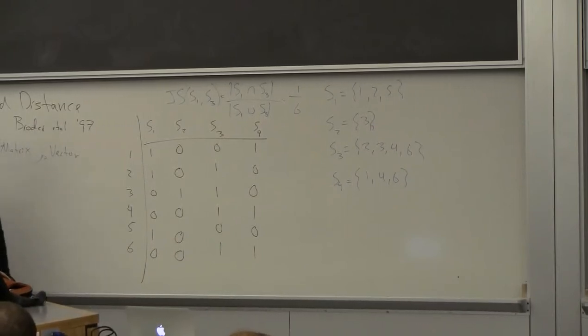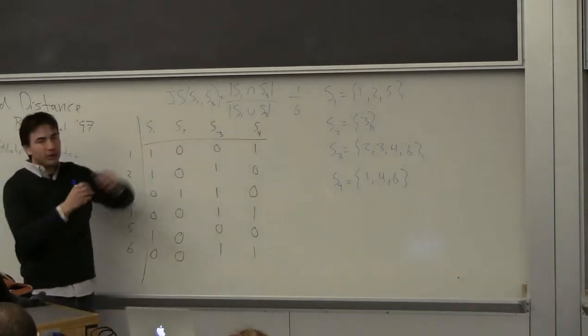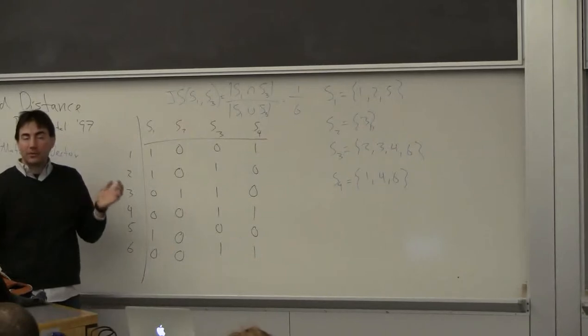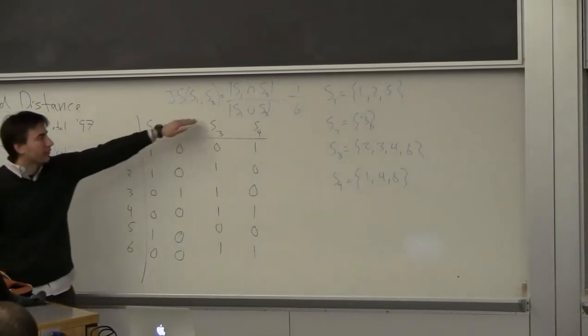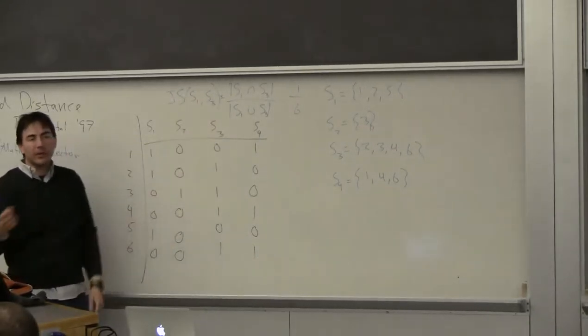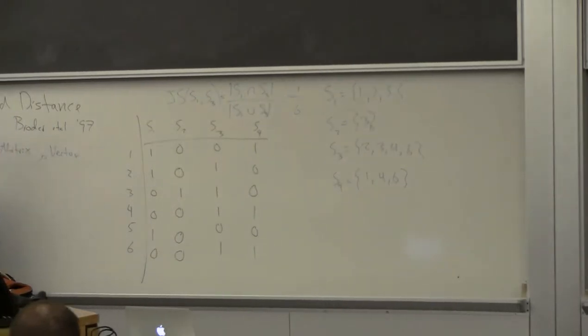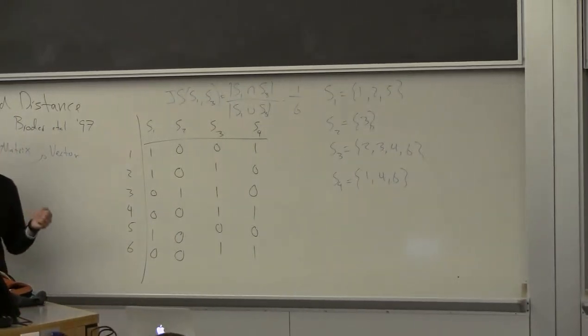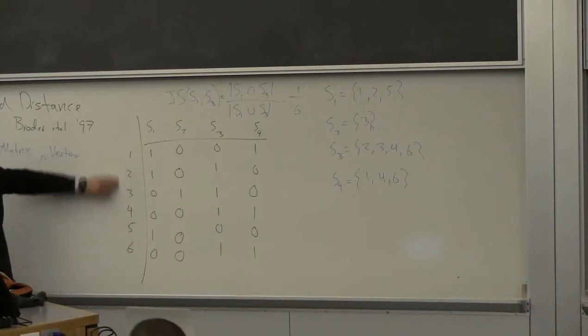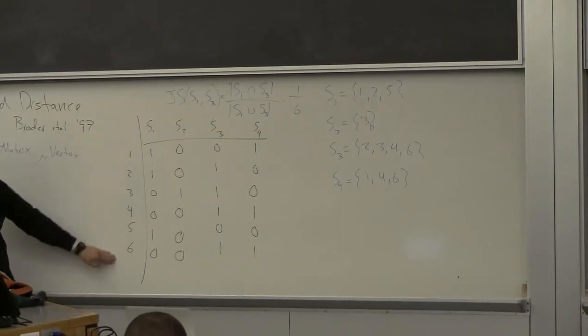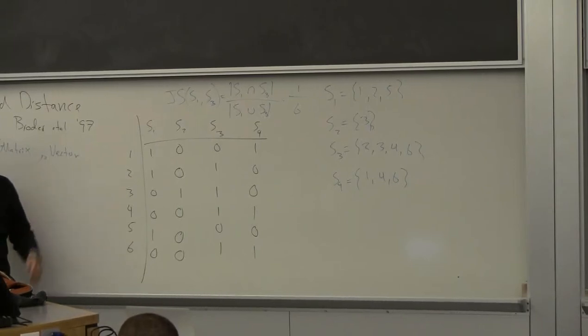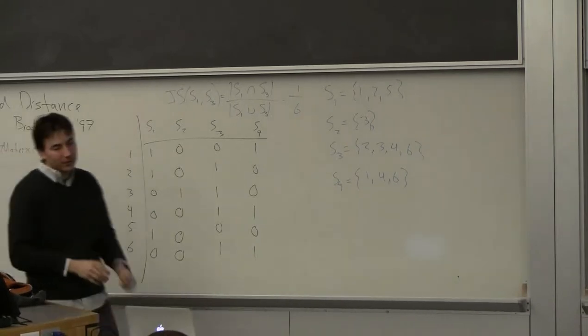One of the nice things about the Jaccard distance is it didn't have the notion of how many possible k-grams you could have in order to define this distance. Whereas some of the other things, like the Hamming similarity, needed to know the total number of possible k-grams. So in this representation, if I were to really write this out, I'd have to write out all of these different rows for all these different elements. But that's okay, I'm not done here yet.